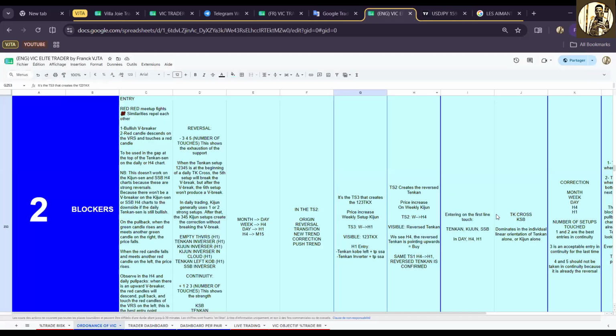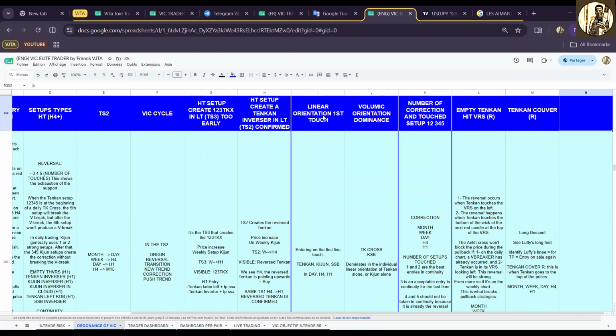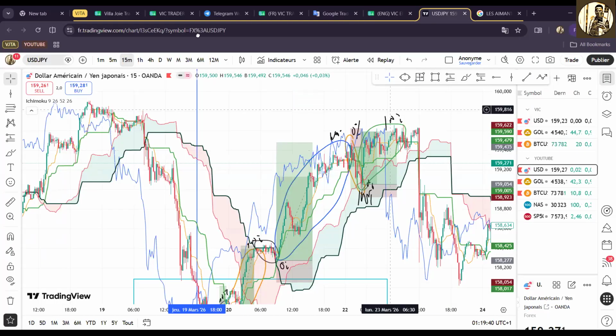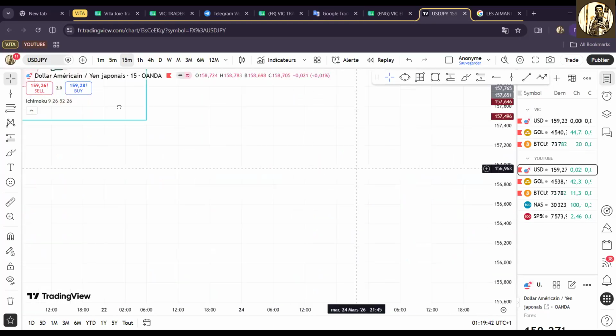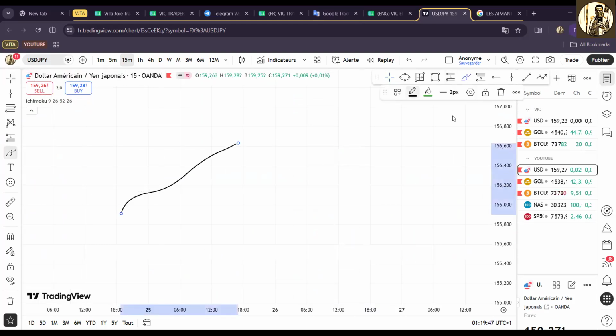So that's how you know the blockers. Another type of blocker is the linear orientation touch and the volumic orientation dominance. Okay, why do I call them that way? What is the linear and the volumic? Linear stands for one line.